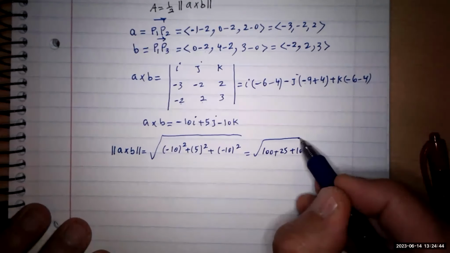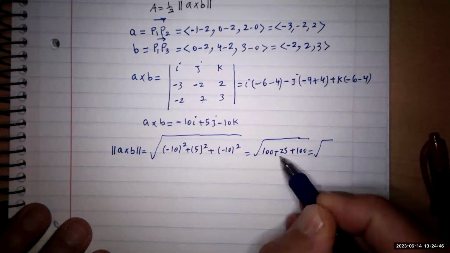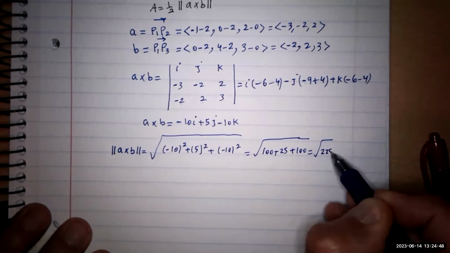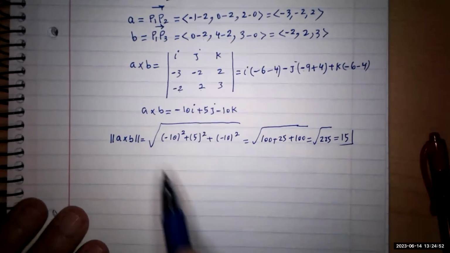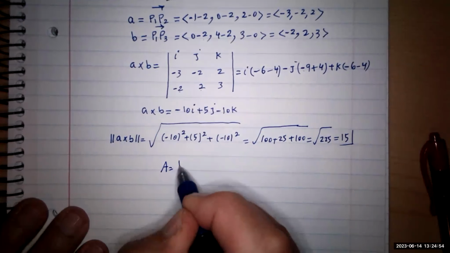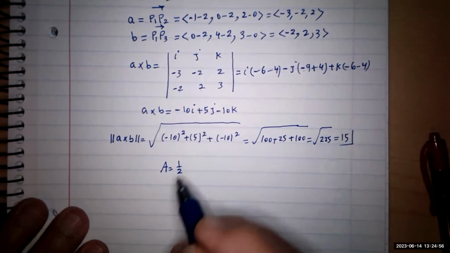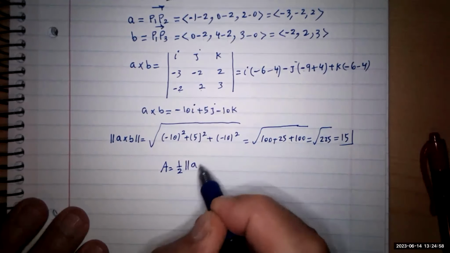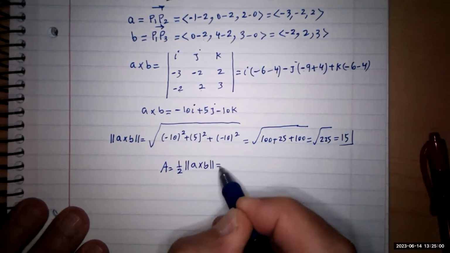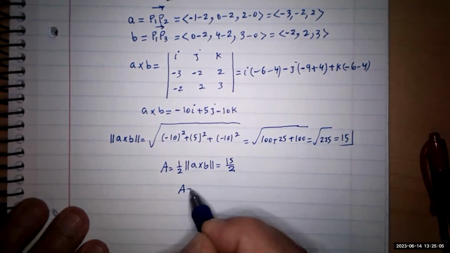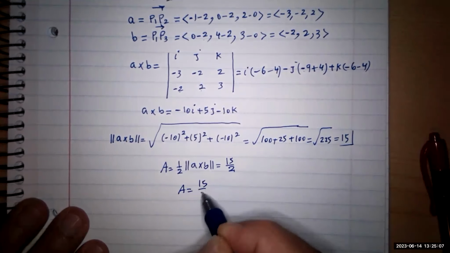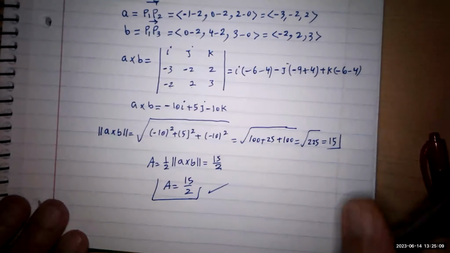That gives you 225, which is 15. So the norm would be 15. So the area is 1/2 of the norm of A cross B, which is 15/2. So the area of the triangle would be 15/2.